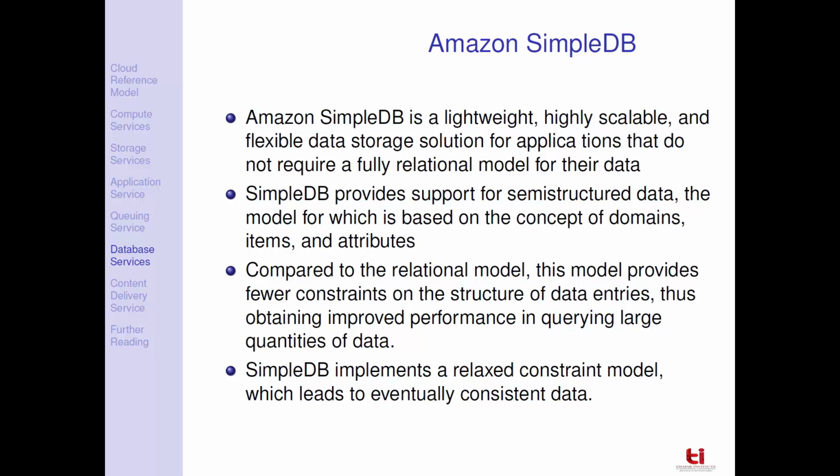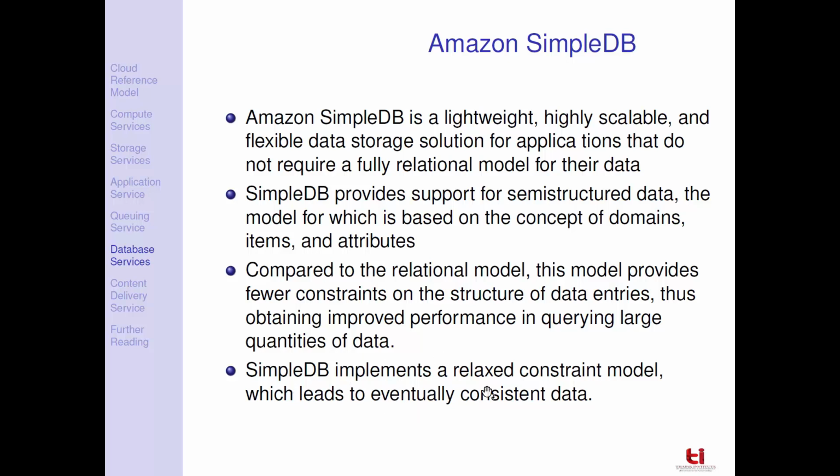Compared to the relational model, this kind of model provides very few constraints on the structure of the data entries, thereby obtaining improved performance in querying large quantities of data. If you see, the structure of data entry is very constrained in relational databases, whereas that is not the case in Amazon SimpleDB, which is a non-relational database.